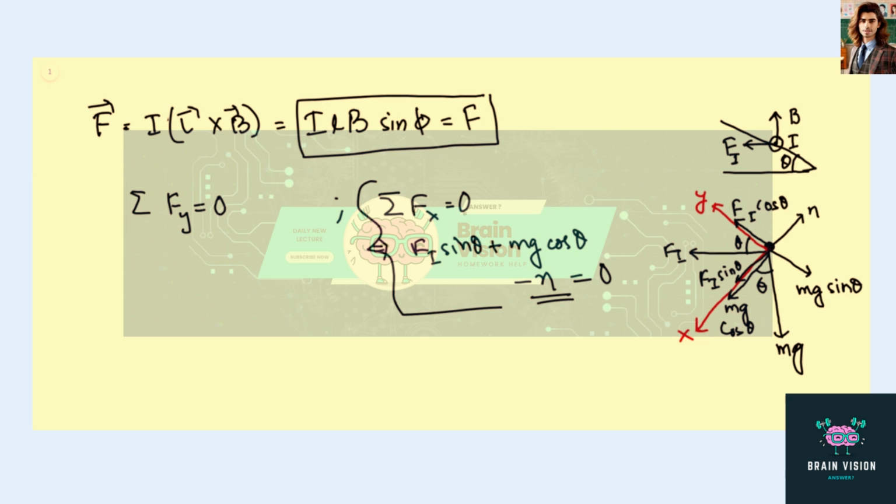So we go with the net force along the y direction to be 0, and this gives F_I cos theta, which is in the positive y direction, minus mg sin theta. The minus sign is because mg sin theta points in the opposite direction to this force, and this should be equal to 0.